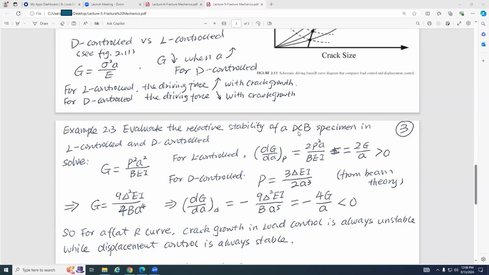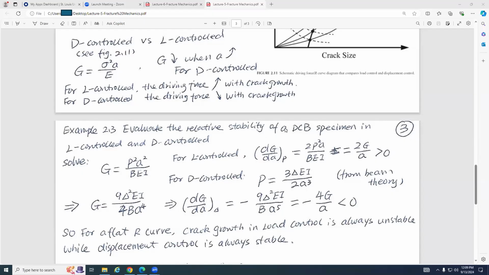For this case, you can look at lecture 5, guys, on the cantilever beam. At the very beginning of lecture 5, we have the G for load control, guys.